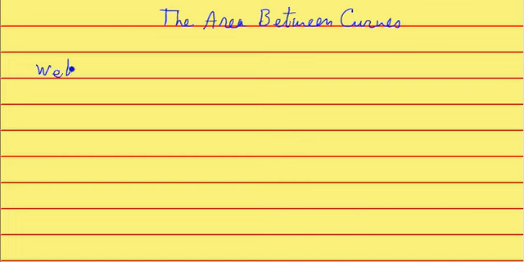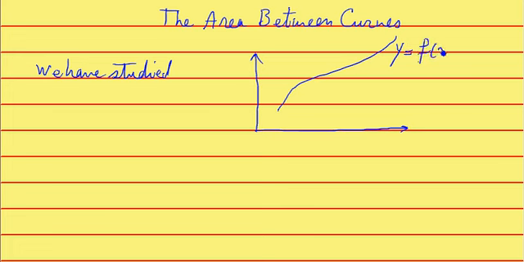What is it that we have studied? We have studied area of regions that look like this. You have typically a curve given as y equal to f of x.